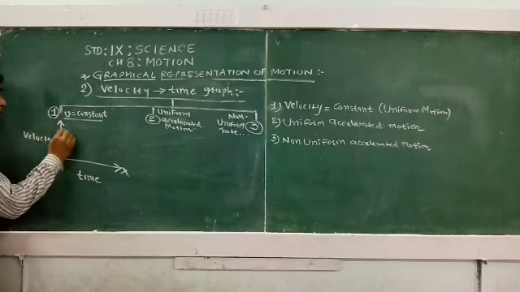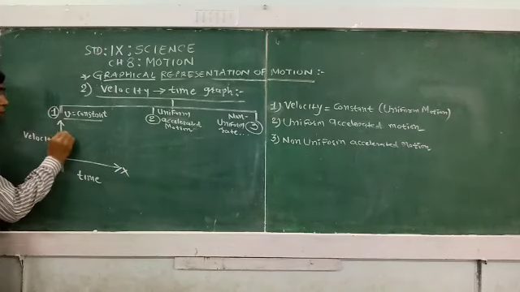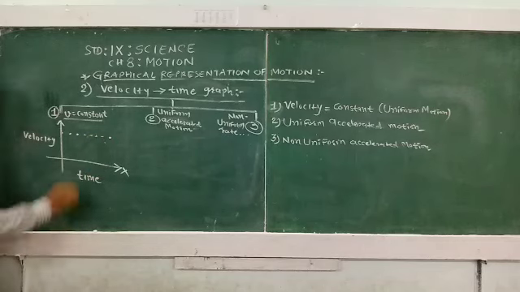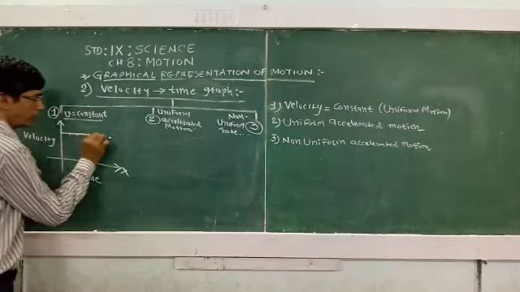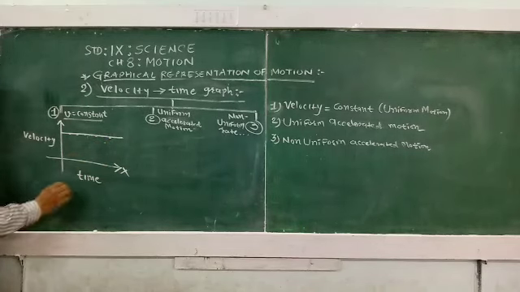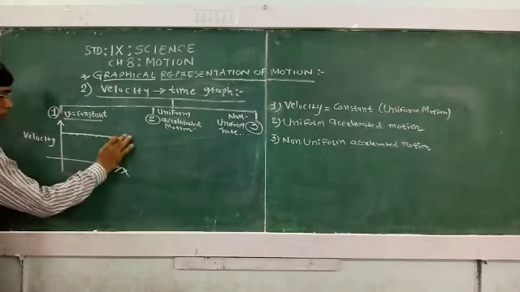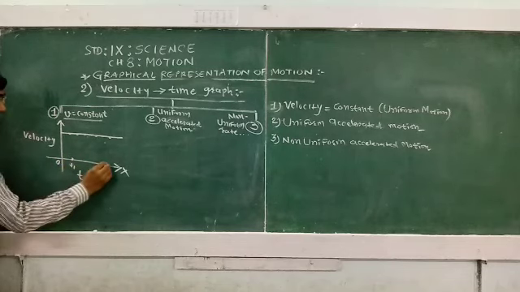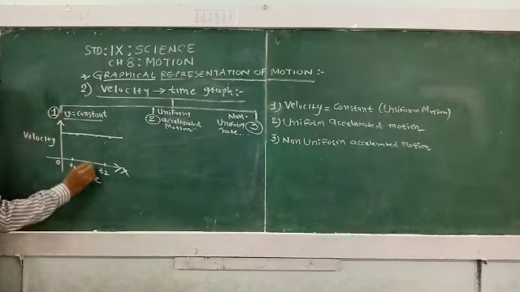So here velocity remains constant at any point. So if you join all the points, you will get the line which is parallel to the x-axis. So here you can take the time t1, time t2 also.